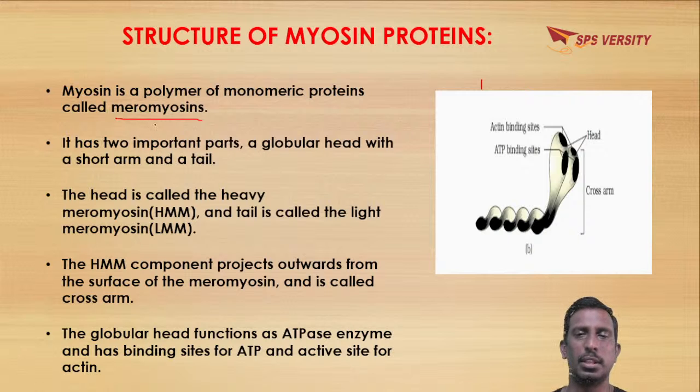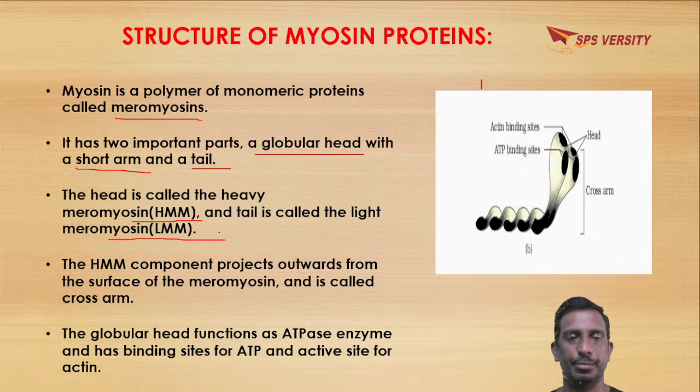So when you take the myosin filament, it has two parts, that is, a head with a short arm, and a tail. The head region is called heavy meromyosin and the tail is called light meromyosin.